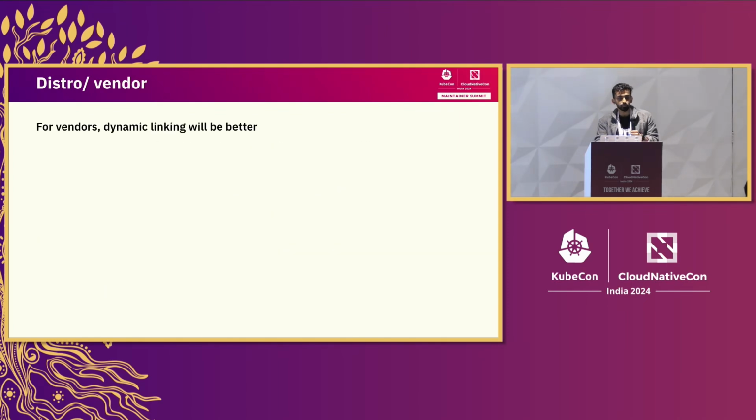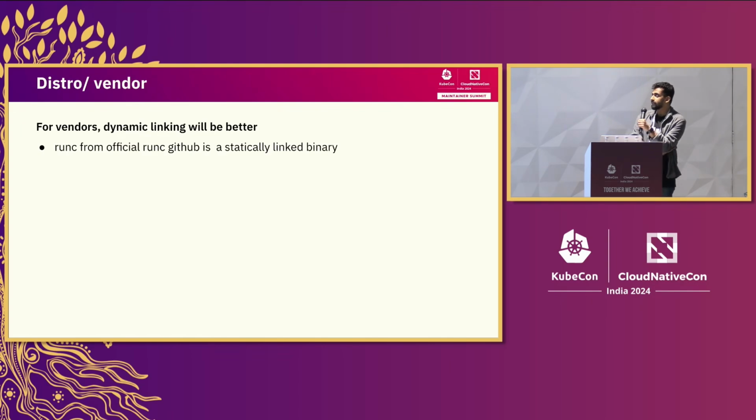Another thing to note is that vendors usually ship dynamically linked packages. This is specifically the case for runc. If you download the official runc release binary from the upstream runc GitHub, it is a statically linked binary with all the dependencies packed into itself. This is done because they want to be compatible with most of the systems out there, and since runc is a low level component, they don't want runtime dependencies causing breakages.